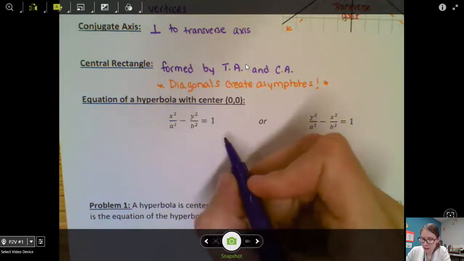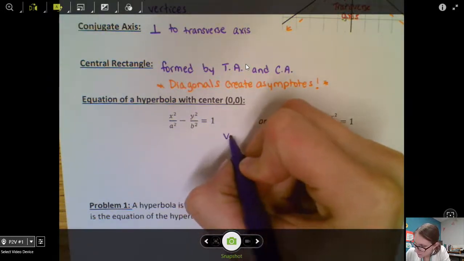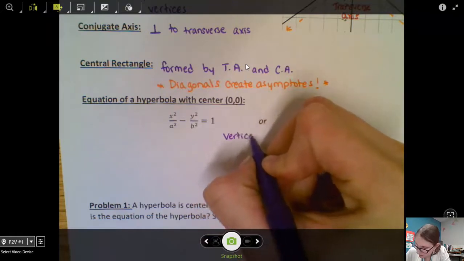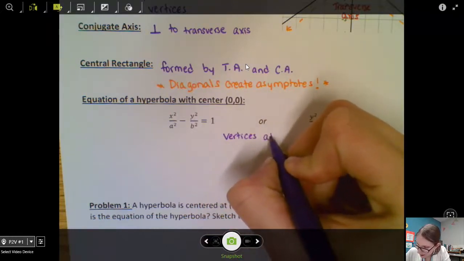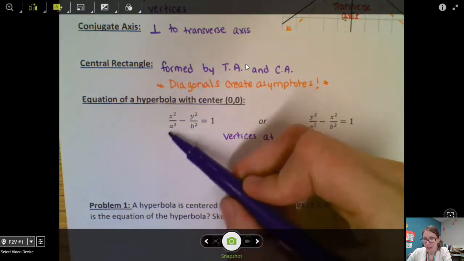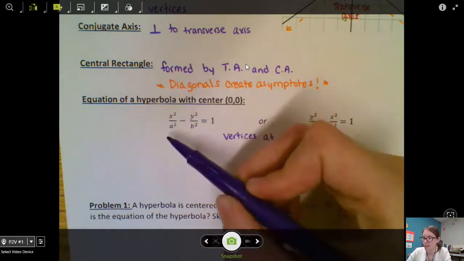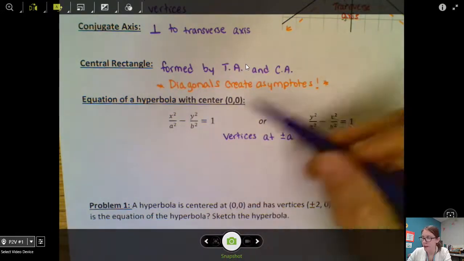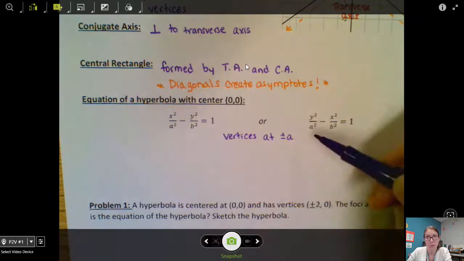For both of these cases, the vertices are at plus or minus a. Okay, so the nice thing about hyperbolas, the vertex always comes first, whether it's x first or y first. The vertices are always first, where we didn't have that same reliance with ellipses.